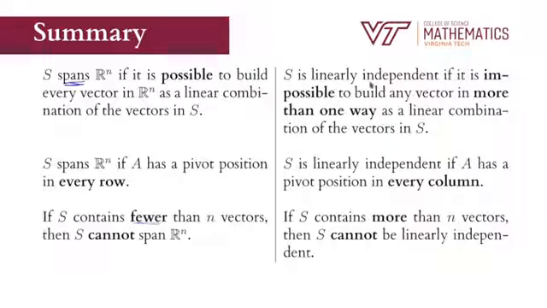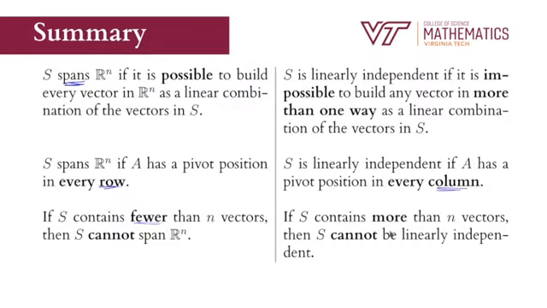We say the set is linearly independent if it is impossible to build any vector in more than one way. So now we know that our solutions are unique because there's no other way to do this. That means there are no free variables, and therefore the matrix A has a pivot position in every column. That contrasts with spanning. And in order to have a pivot position in every column, I can't have too many columns. If I have more than n vectors, then the set cannot be linearly independent.